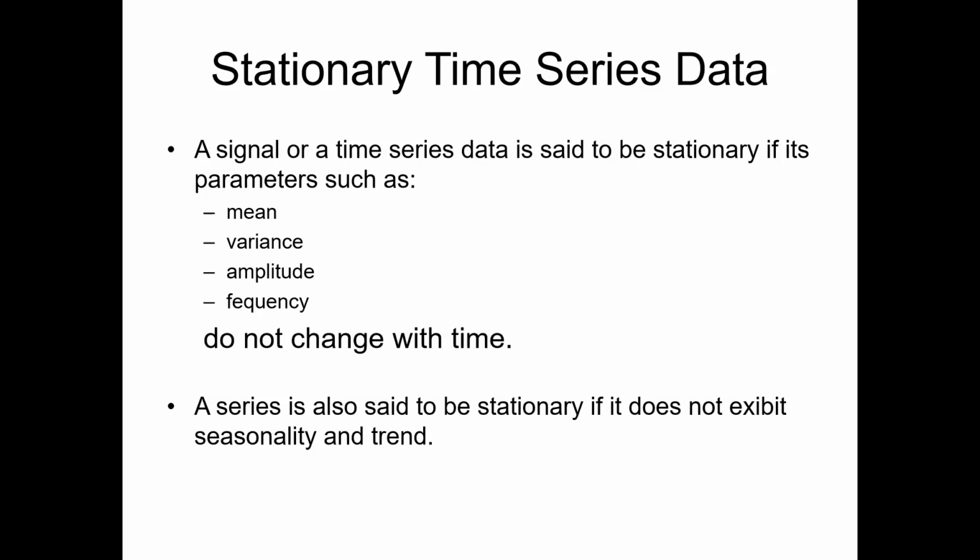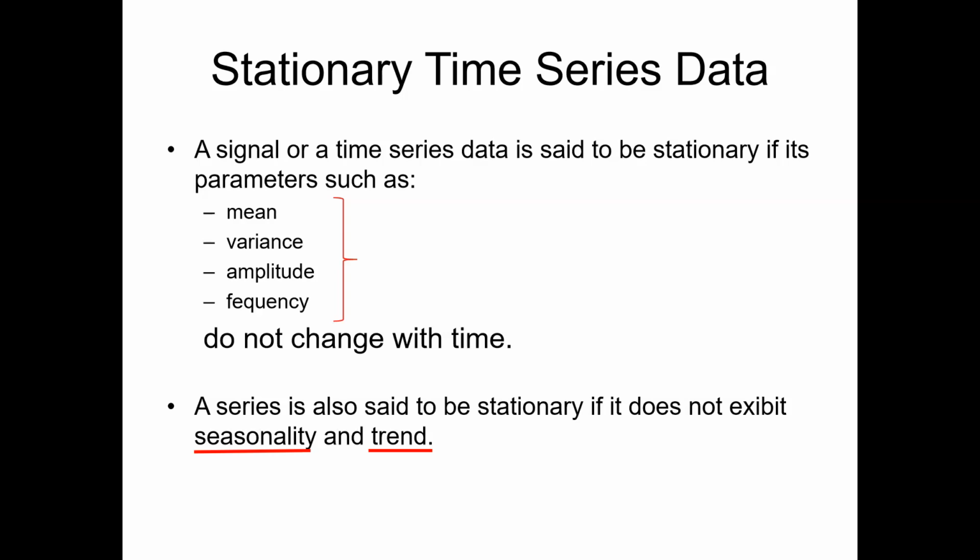In other words, any time series data that does not exhibit seasonality or trend is a stationary time series data. So, more concisely, any time series data in which certain parameters do not change with time is a stationary time series data, or the seasonality and the trend are not present in that data.